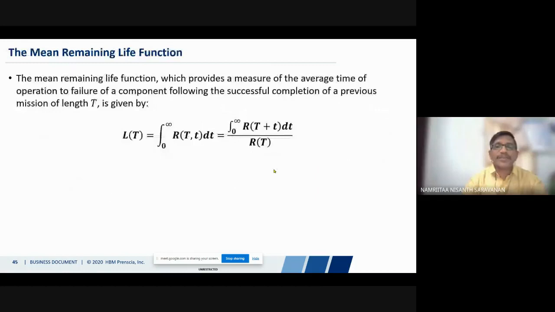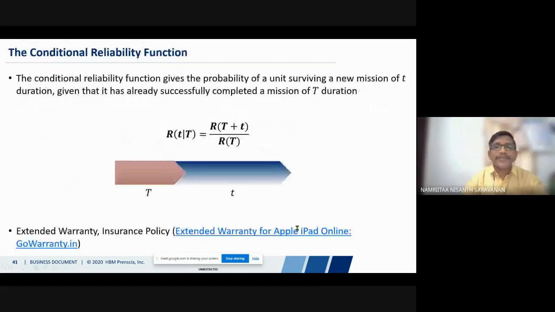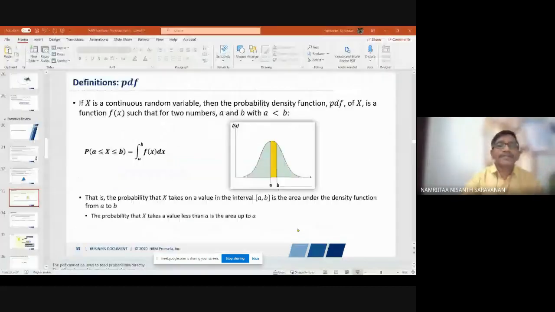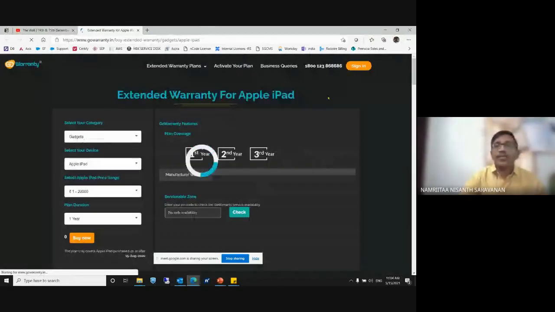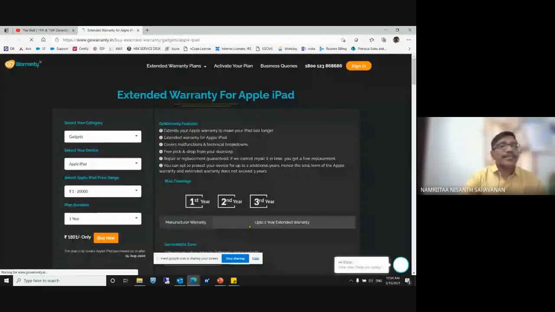Let me show you one simple example. If I click that web page, okay. This is a web page for extended warranty. I can choose any kind of product. Let's say I have a gadget, a digital camera, a DSLR camera.